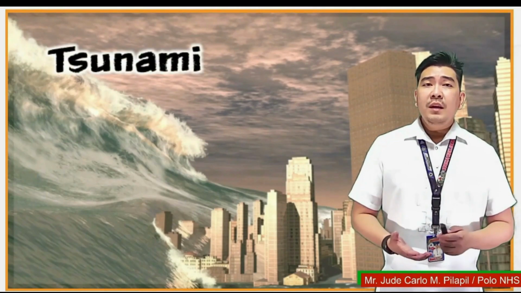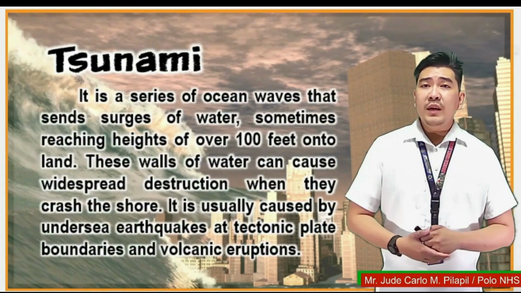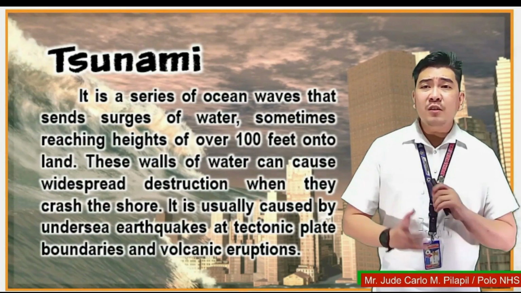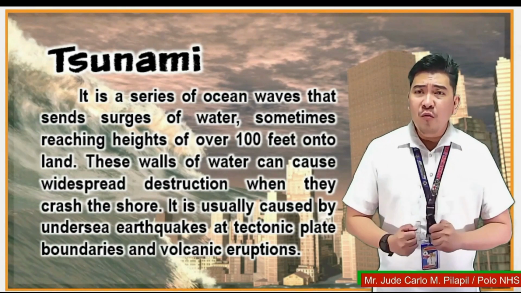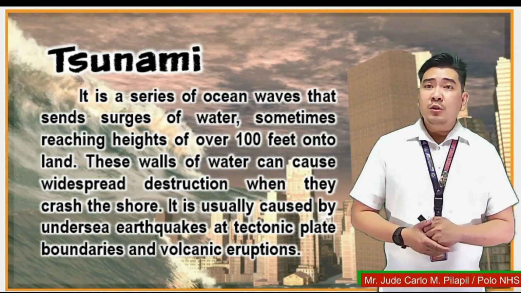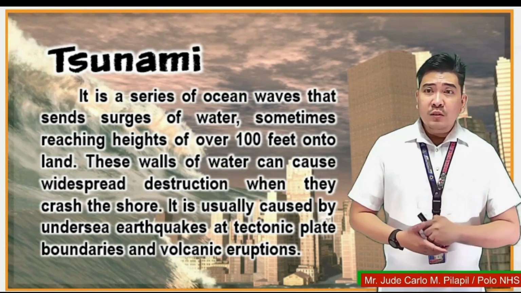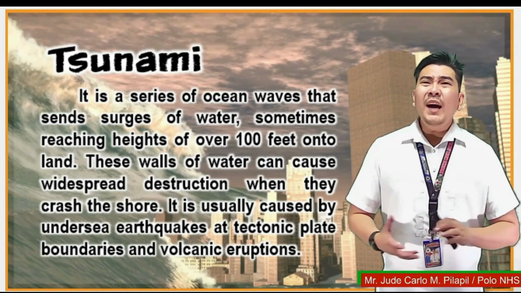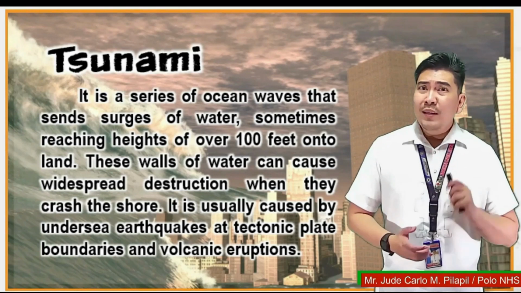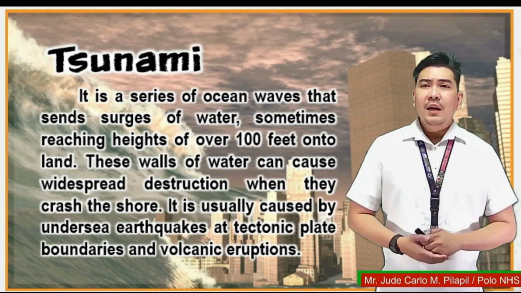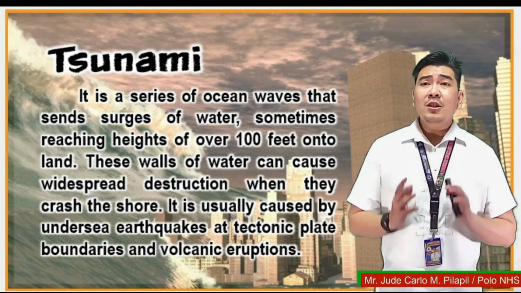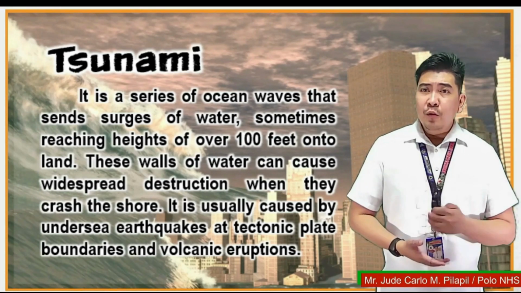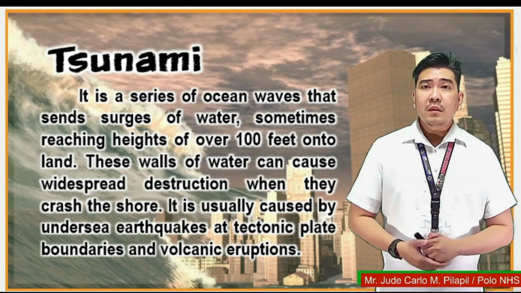A tsunami is a series of ocean waves that sends surges of water, sometimes reaching heights of over 100 feet onto land. These walls of water can cause widespread destruction when they crash on the shore. It is usually caused by undersea earthquakes at tectonic plate boundaries and volcanic eruptions.